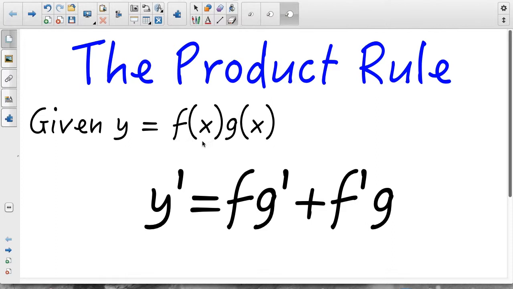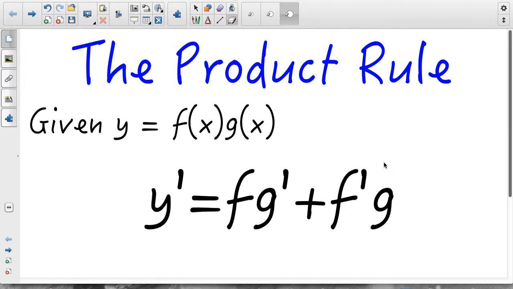But the most important thing about derivative rules in general is recognizing when you have to use a particular rule. And you have to use the product rule when you have 2 or more functions that are multiplied together. When that occurs, the derivative of that function is this: y prime, where y is equal to f times g, is f times the derivative of g, g prime, plus the derivative of f, f prime, times g.